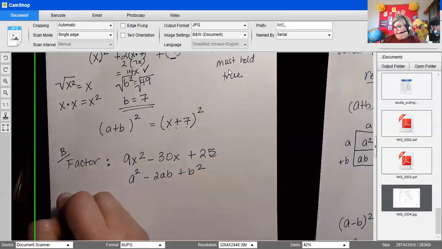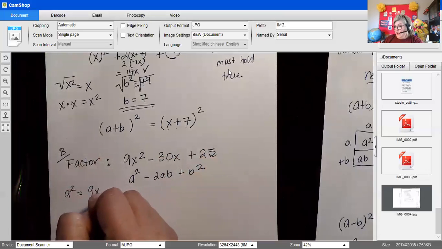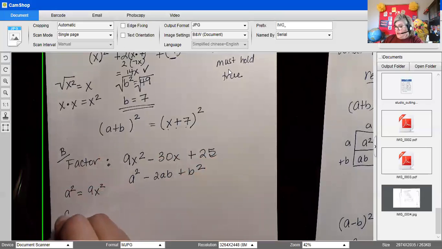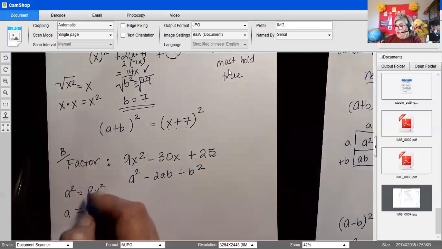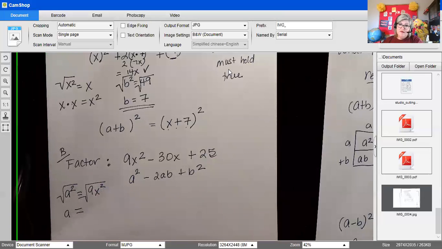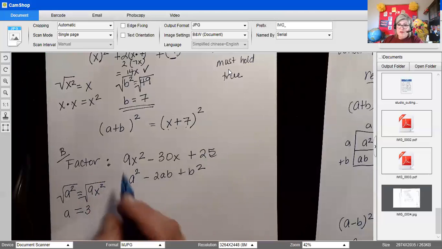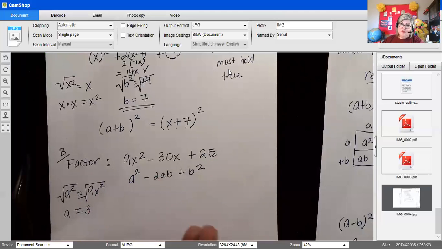So at this point in time, we have a squared is equal to 9x squared. To solve for a, you simply take the square root of both sides. The square root of 9 is 3. The square root of x squared, as we saw in the previous problem, is x.